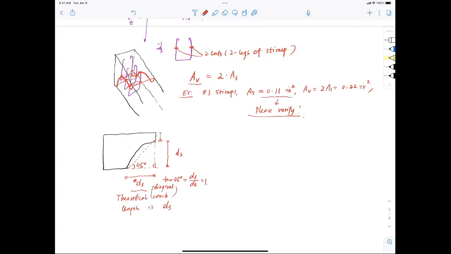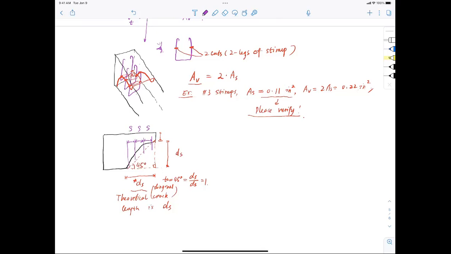Diagonal crack length is the depth, ds. So that means if I have stirrups sticking out like this, 1 stirrup, 2 stirrups, 3, 4, am I counting sheep, right? But I don't know how many. Let's assume that I have a spacing between stirrups called S, uniformly distributed. Every spacing S, I put a stirrup down. I don't know how many stirrups I have in the section, so how do I calculate that?